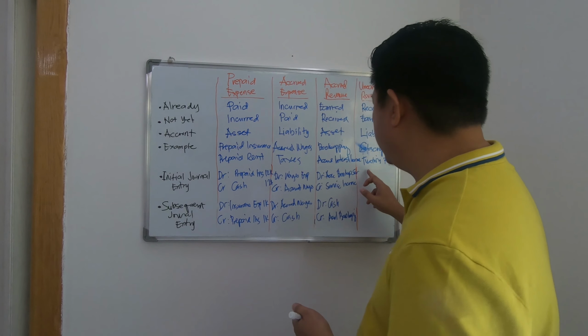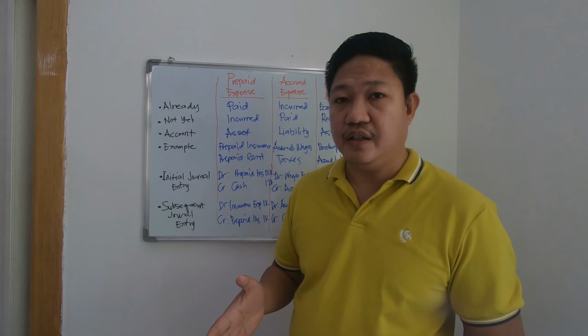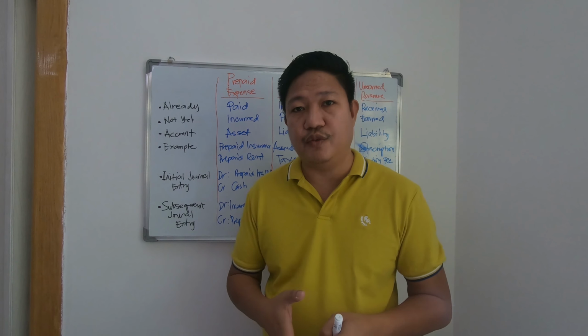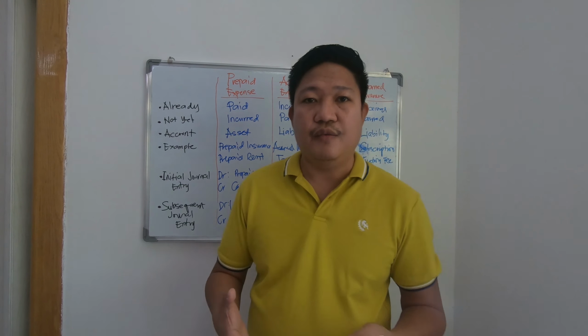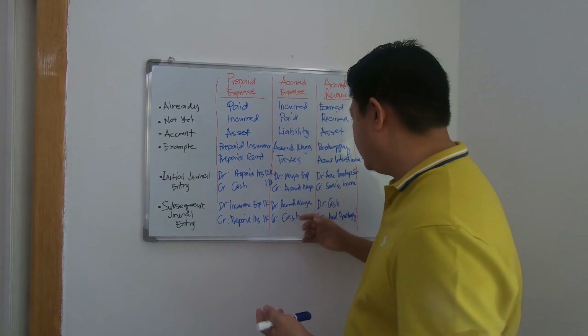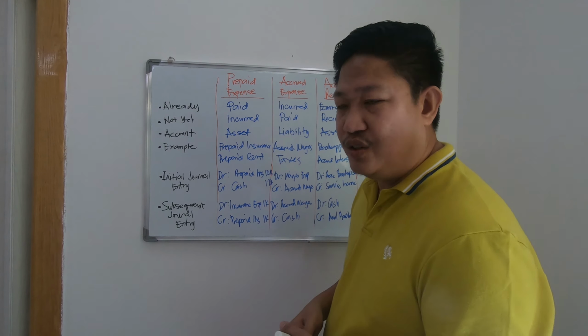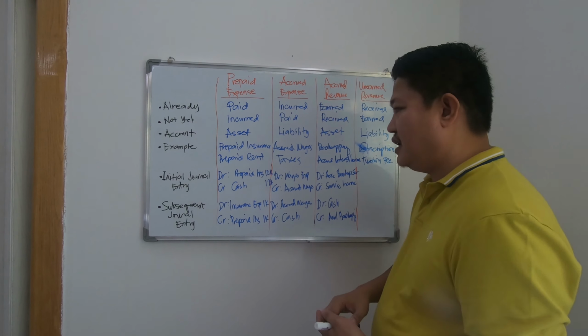So you record it on a staggered or monthly basis. You haven't exerted any effort yet, as your school didn't teach the student yet. So it's like a deposit only, and we record it as a liability.